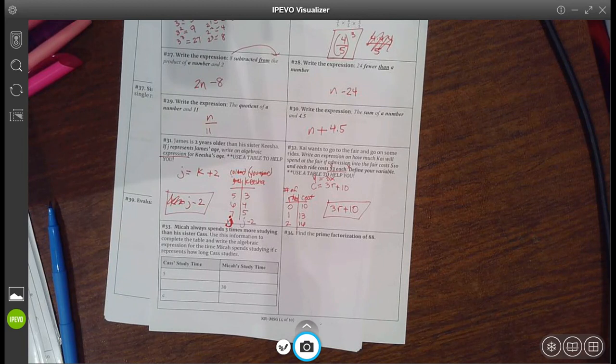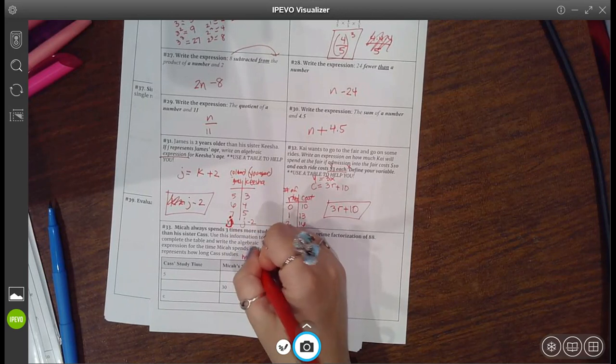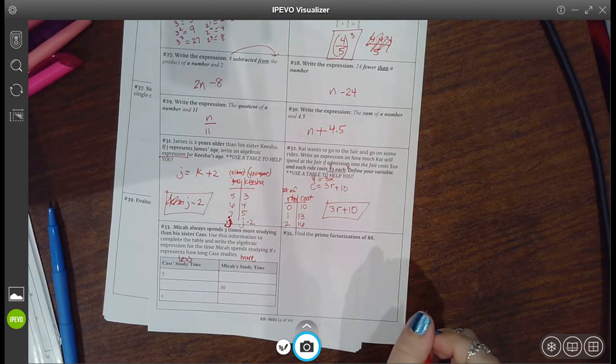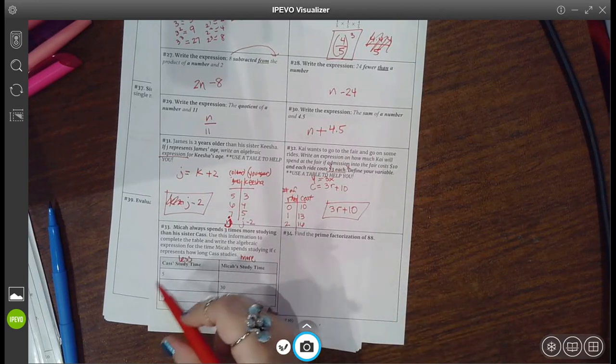Number 33. Micah always spends 3 times more studying than his sister Cass. So Micah is more, she's less. Use this information to complete the table and write the algebraic expression for the time Micah spends studying if C represents how long Cass studies. Okay, so C for Cass.